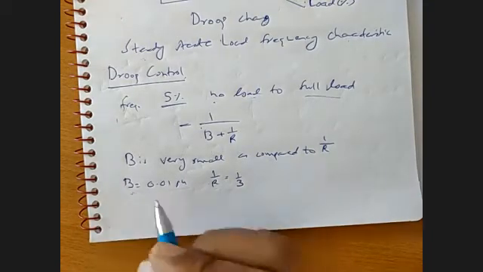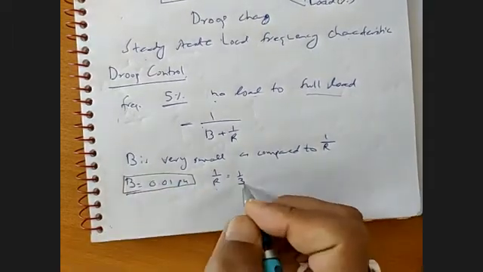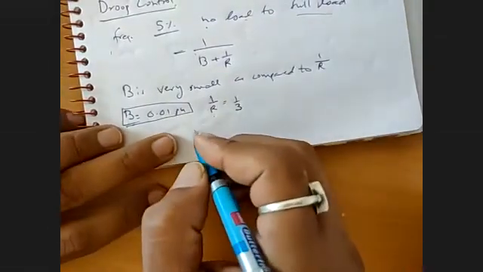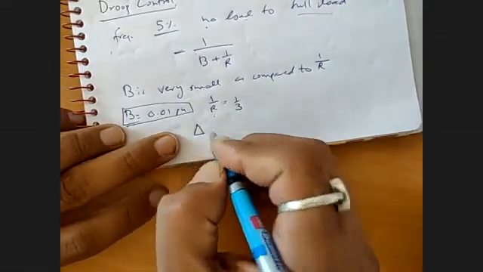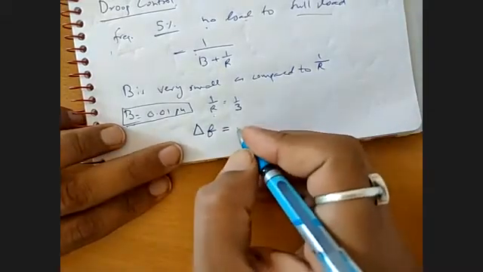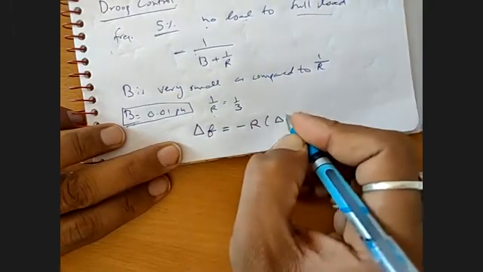That's why we say that we will neglect B as compared to 1 by R, and your droop characteristic for analysis purposes will come out to be delta F equal to minus R into delta PD.